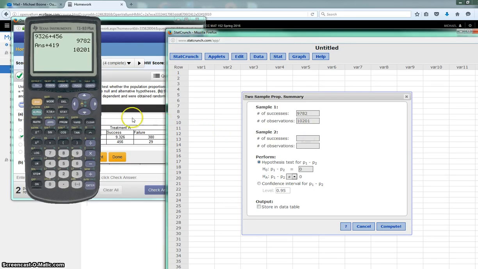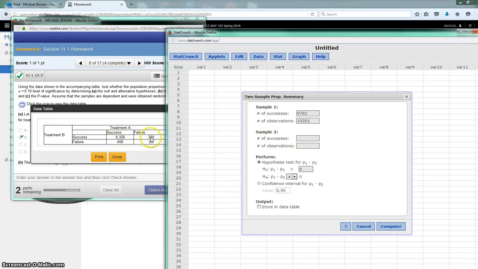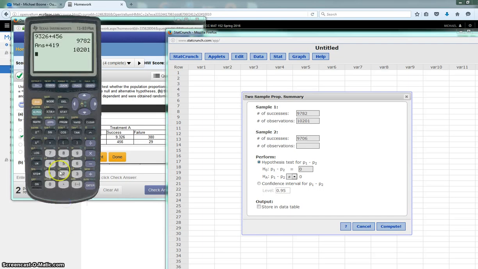I think B was the successes for treatment B, which is the 9326 and 380, which if we add those together we get 9706. 9326 plus 380, so 9706. The number of observations is going to be the same.